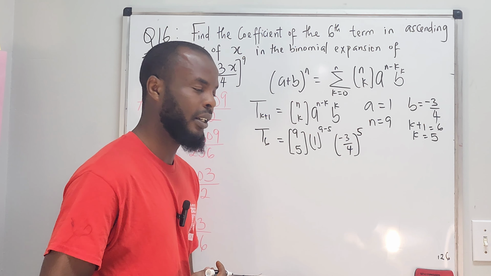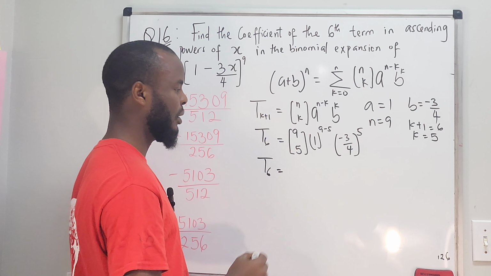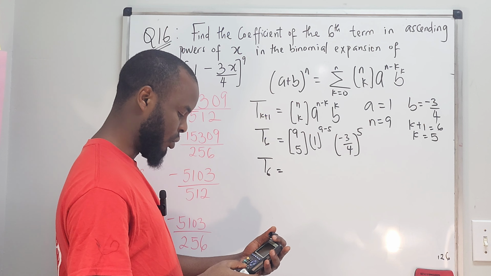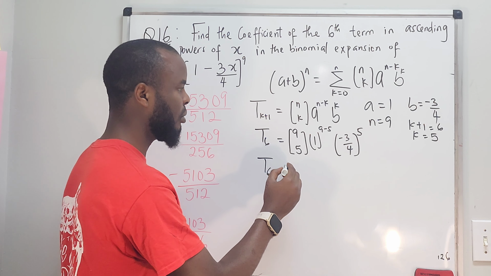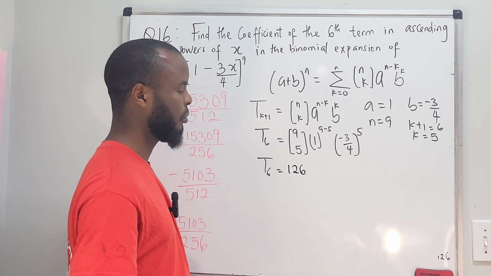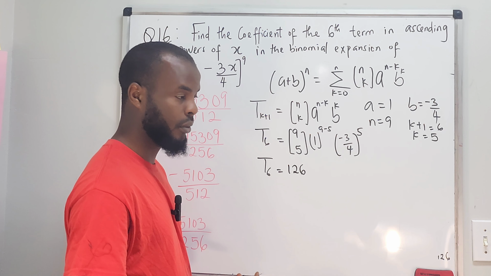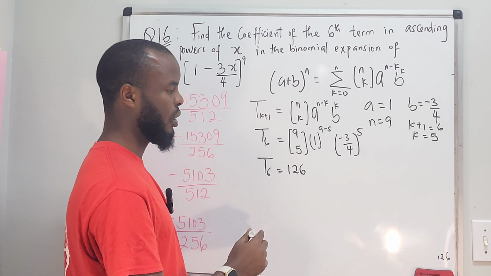Let's simplify further. Here we have the sixth term equal to 9 combination 5. If you do that, we have 9 combination 5 to be 126. 1 to the power of 9 minus 5 is still going to be 1, so this is gone.